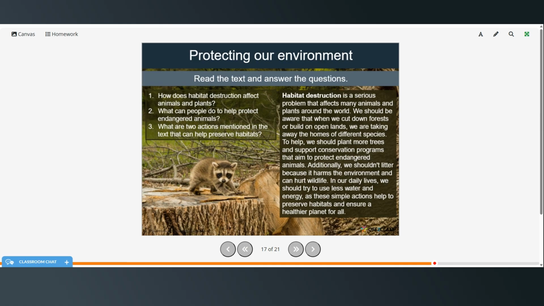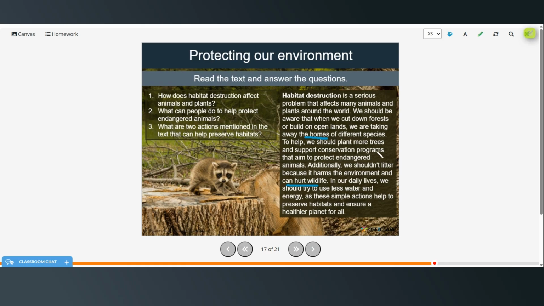So, how does habitat destruction affect animals and plants? Well, it can destroy their homes, and if the environment is harmed, it can hurt the wildlife. What can people do to protect endangered animals?